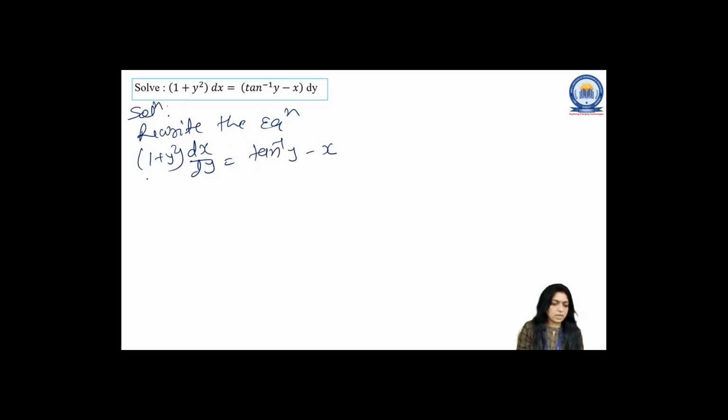So dx by dy plus 1 upon 1 plus y square into x equal to tan inverse y upon 1 plus y square.